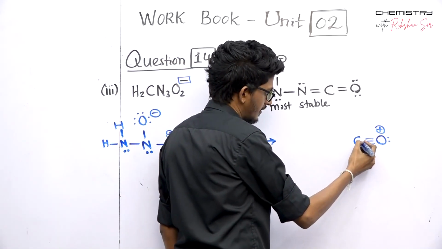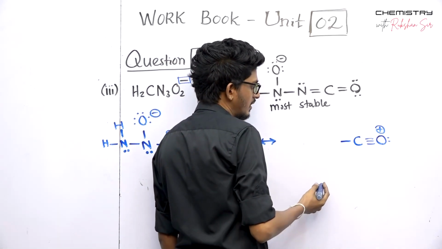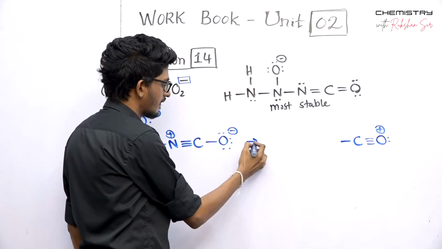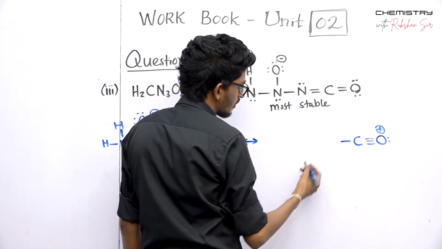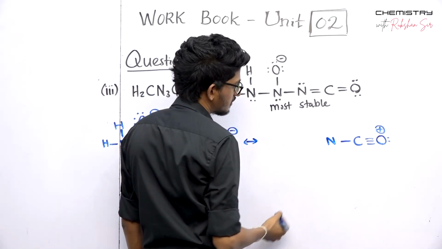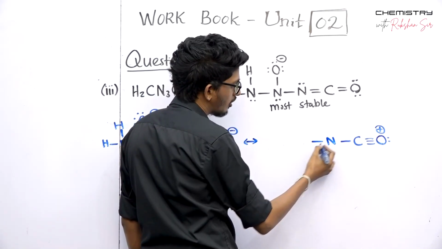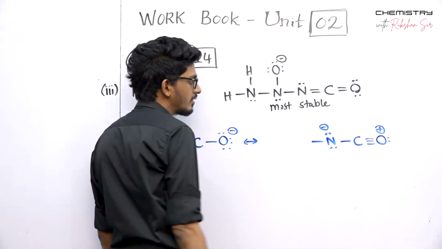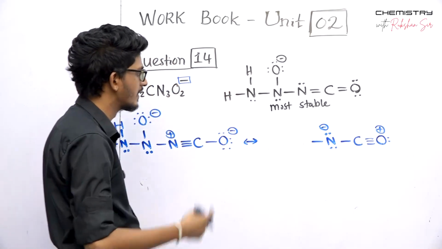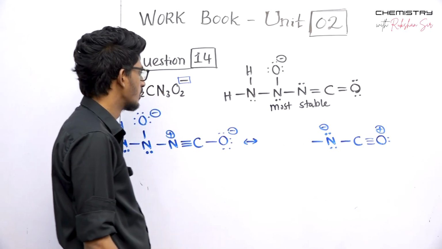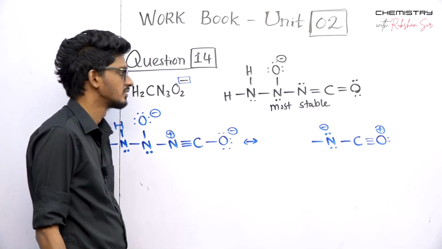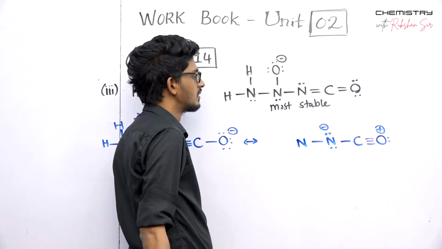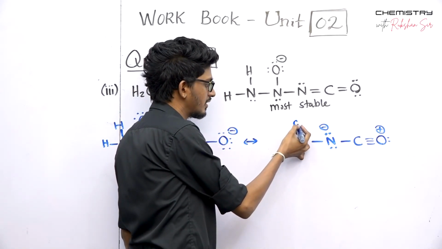Carbon can't be negative here because 4 bonds are needed. So if you come up with only 2 bonds, nitrogen will be negative. We need one more negative charge to complete the total of -1 for the next atom. Yes, we can bring that minus charge with the oxygen.